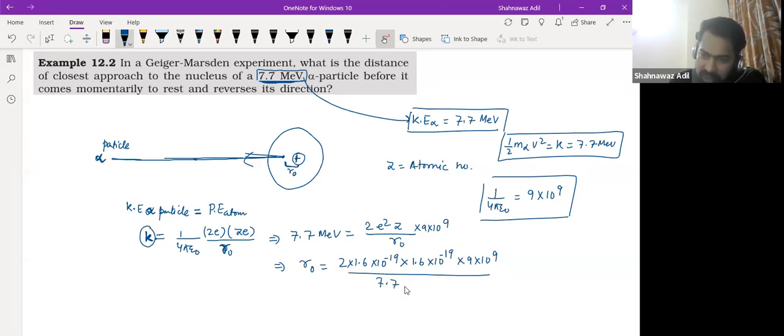Mega is 10 to the power 6, and electron volt is 1.6 into 10 to the power minus 19 joules, so this part will cancel.